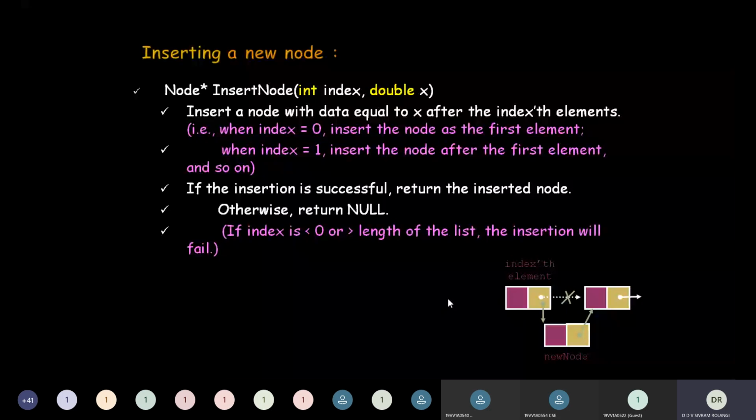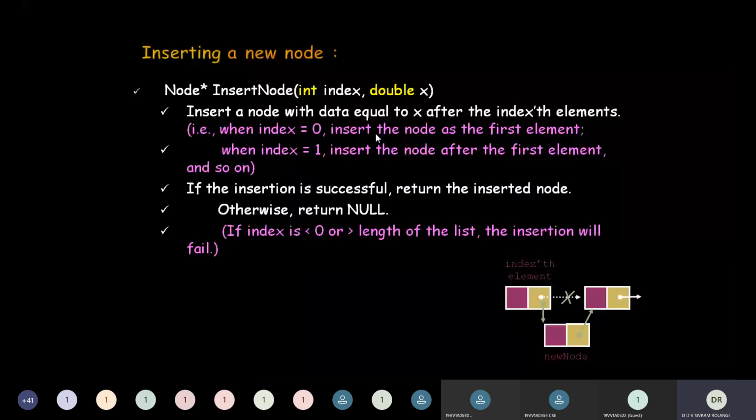The function name is insert node, the return type is node star. After inserting the node, it has to return the address of the newly inserted node. That is the reason why the return type is node star here. Insert node, int index and double x.